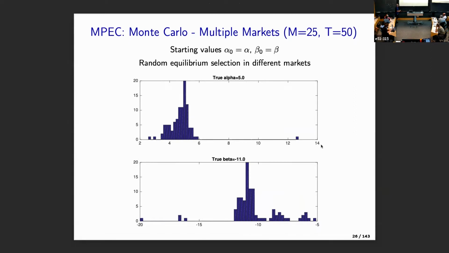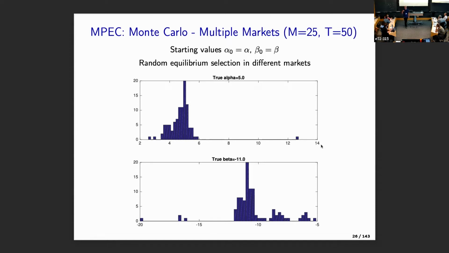Here's what you get with MPEC. Well, alpha does not look too bad, although the range is bigger. It's supposed to implement the same estimate, so something is going on here. You look at beta, there is a much greater variety, and sometimes the parameter estimates are quite far from the true value.